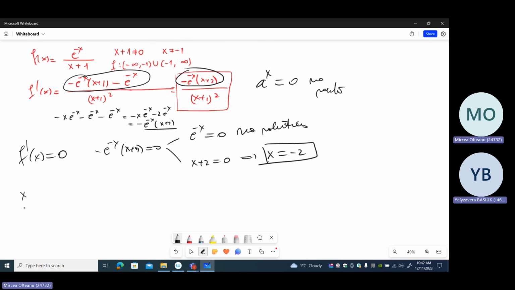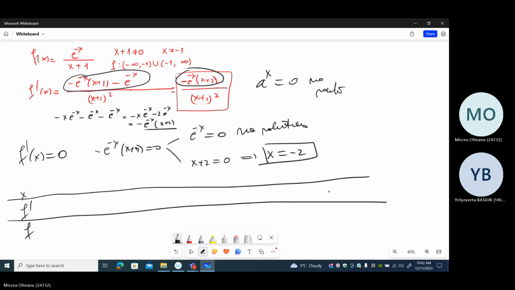And now the third step, consider the table of variation. Attention, here the domain of definition is no more the entire real line, it is the set without minus 1.